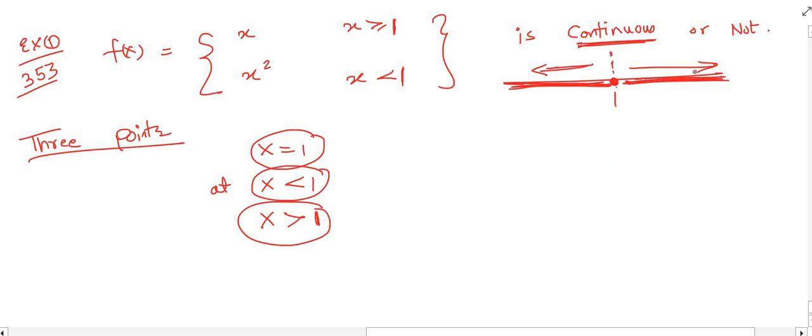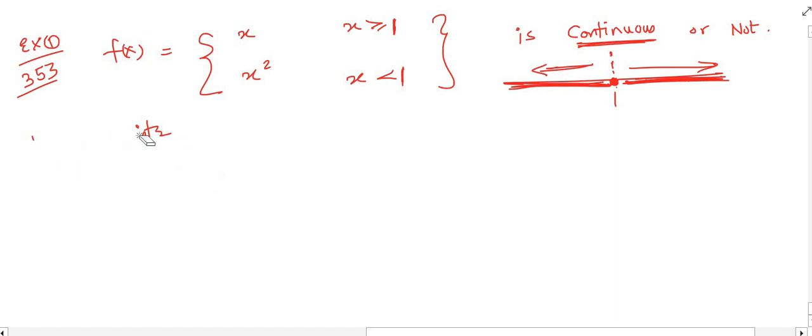If in all 3 cases function is continuous, we will declare that it is continuous. So it will be a little bit lengthy question if they are asking in general whether it is continuous or not. If they are asking the continuity to be checked at 1, then it is a very straightforward question. You can just check it at 1. But now we have to check at 1 also, less than 1 also and more than 1 also. Let's continue to do it.